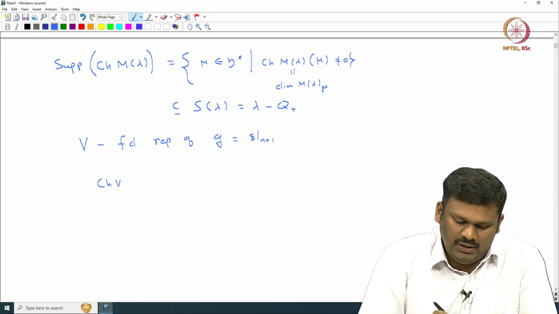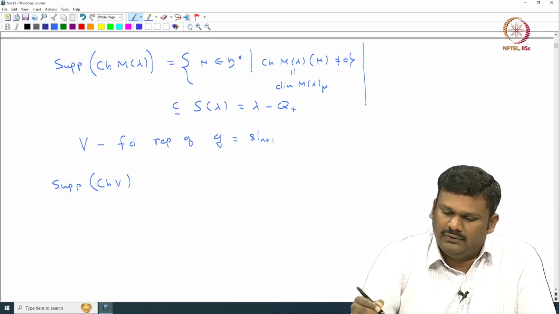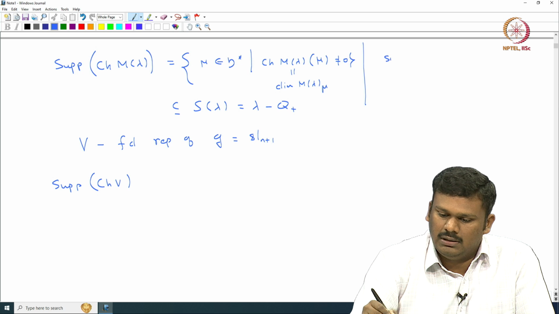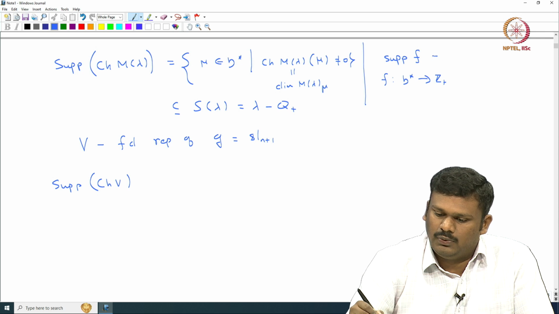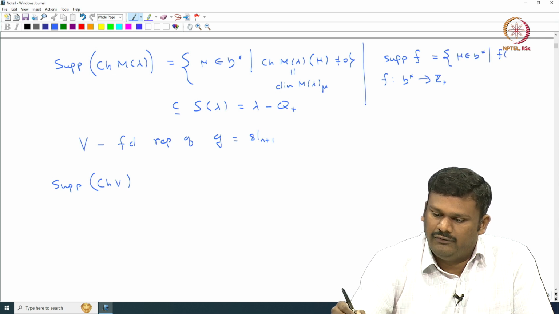Then consider the support of the character of V. Support, for any function, let us say from H star to Z plus, is defined as follows: given a function f, the support of f is defined to be those mu in H star such that f of mu is non-zero.